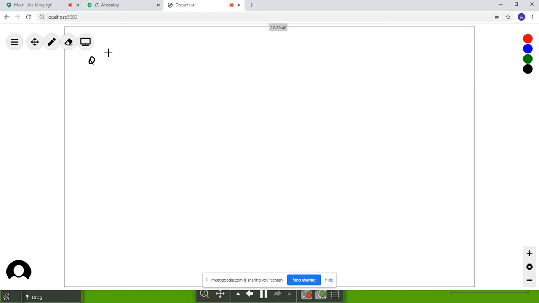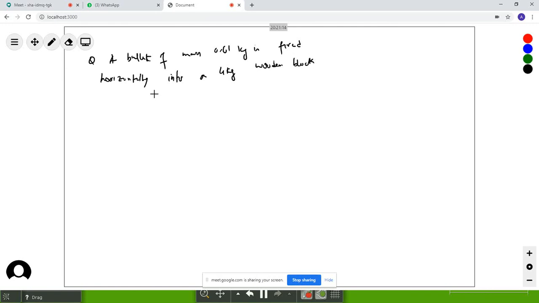Take this question. A bullet of mass 0.01 kg is fired horizontally into a 4 kg wooden block at rest.